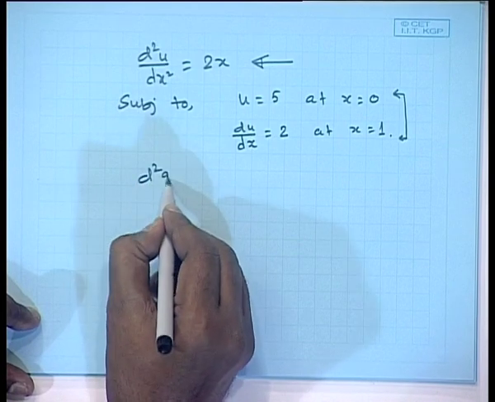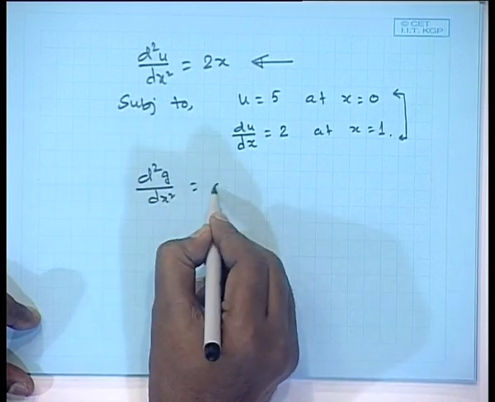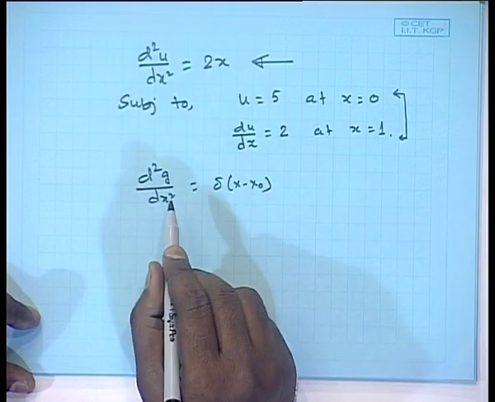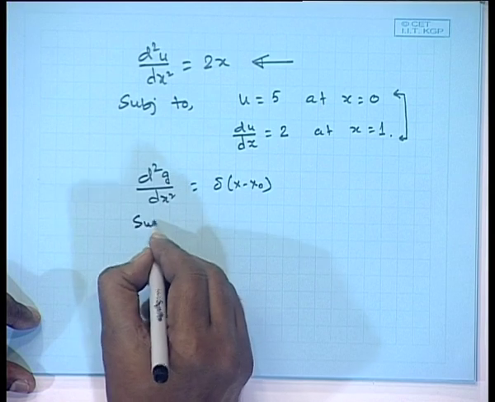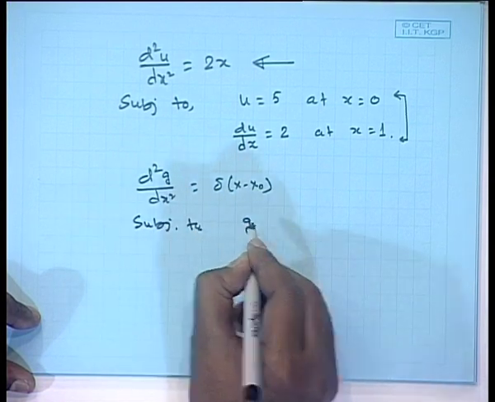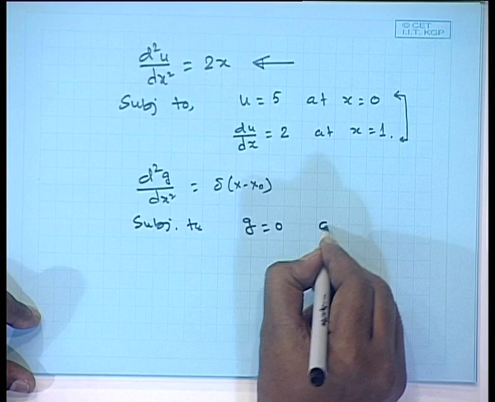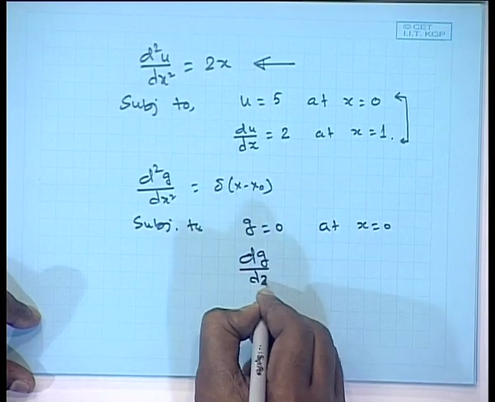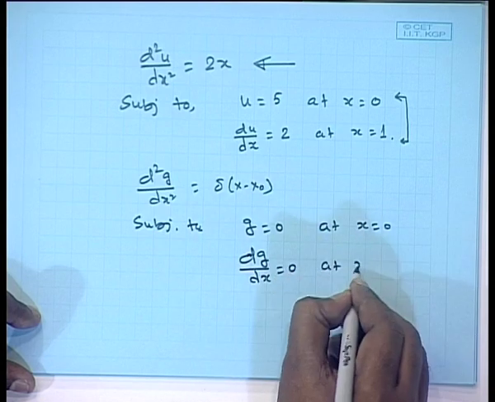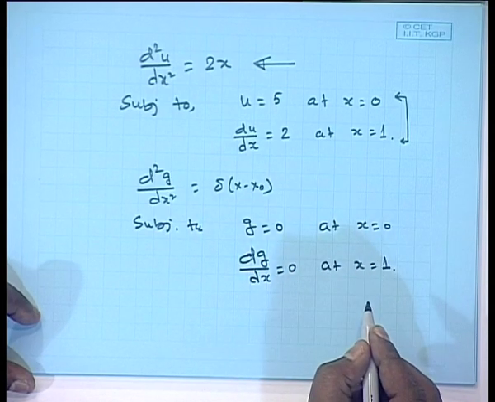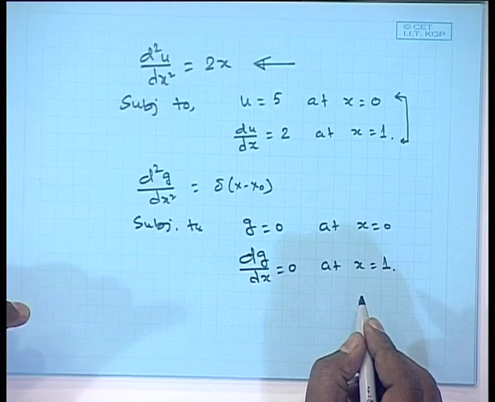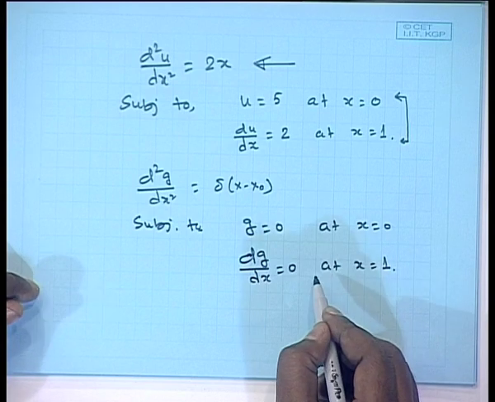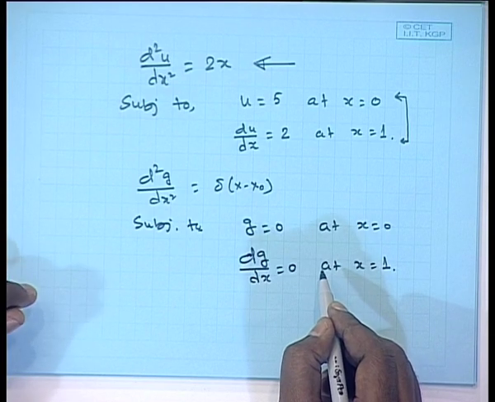So, d square g dx square is equal to delta x minus x naught will be the governing equation for g, subject to g is equal to 0 at x equal to 0, dg dx is equal to 0 at x equal to 1. Whenever we are writing the governing equation and boundary condition of g, the boundary conditions of g and g star will be forced to be homogeneous.